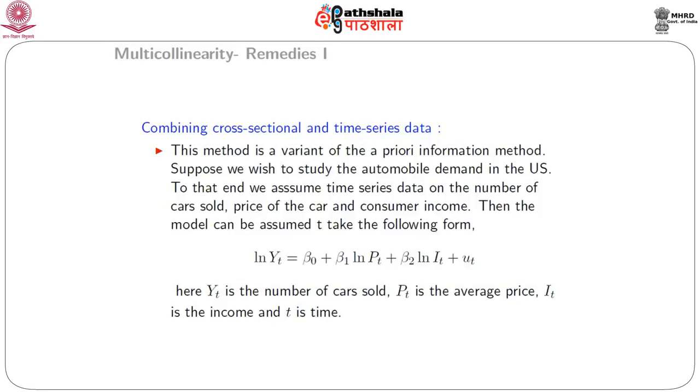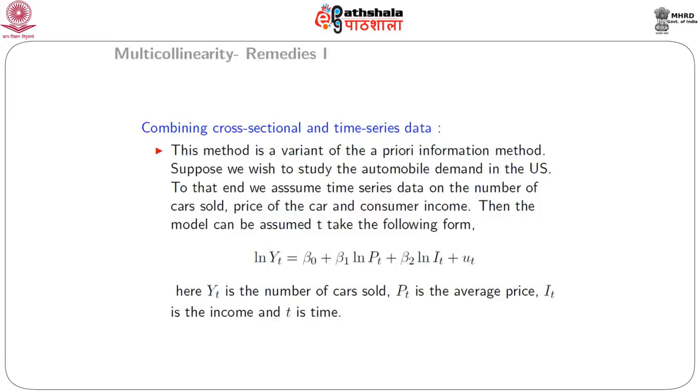Log of yt equals beta naught plus beta 1 log of pt plus beta 2 log of it plus ut, where the log that we have taken here is of natural base. Here yt is our response, which is the number of cars sold. Pt is the first predictor variable, which is the average price of a car, and it is the income variable.